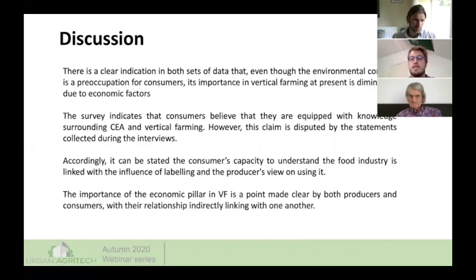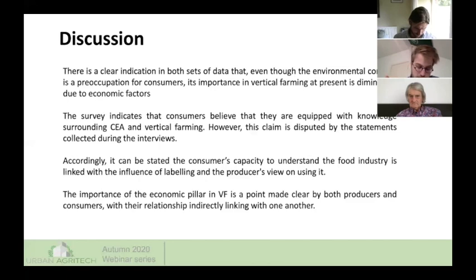However, we can see from the survey and the interview that it's something the consumer does acknowledge and know, but if other elements, such as price, are too great to have an eco-friendly product, it will be neglected. So environment is, let's say, in the back seat from both a consumer's and a producer's perspective.